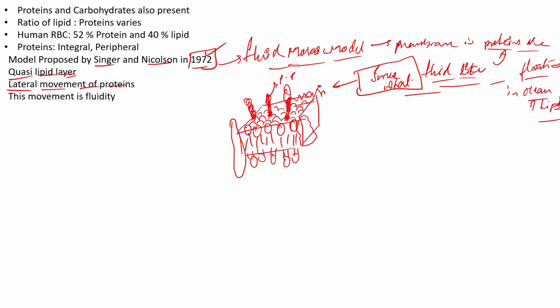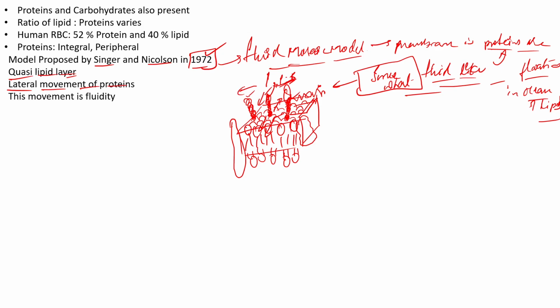Anyway, these peripheral proteins that I have drawn over here can show lateral movement. Lateral means sideways, in this way, or this way, or this way. It is called the lateral movement of the proteins.